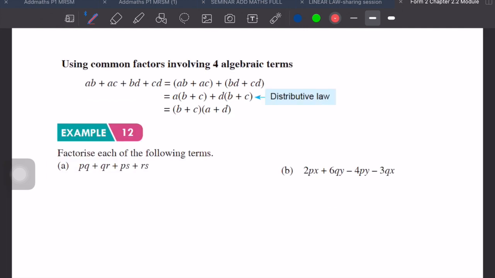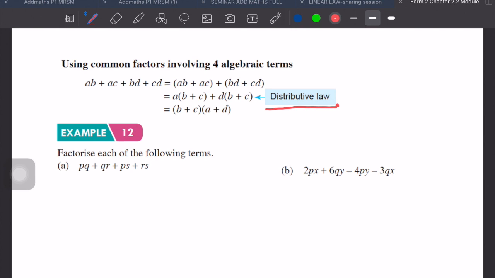Okay, now we have a look at the last method. Okay, method number 4. Using common factors involving 4 algebraic terms. Okay, so di sini kita akan gunakan something kita panggil distributive law yang awak pernah belajar masa form 1 juga.